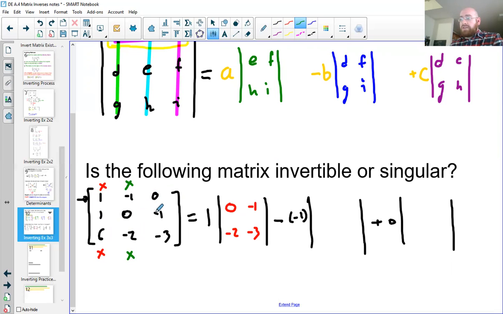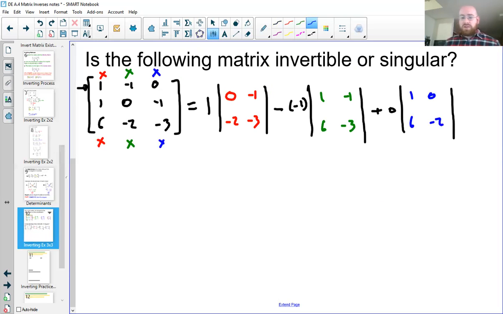So we'll have 1, -1, 6, -3. Lastly, if I cross out the column all the way on the right, we'd have 1, 0, 6, -2.